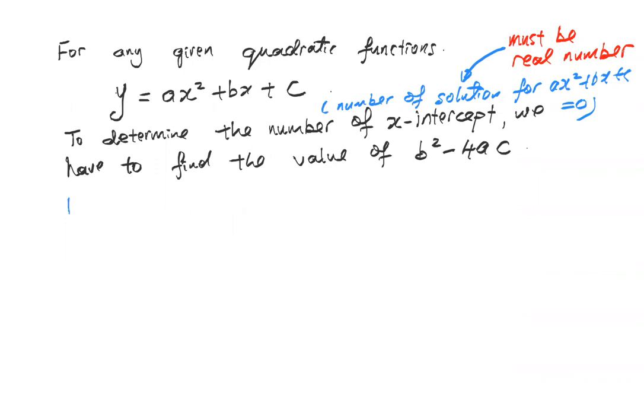So we have three situations. If b squared minus 4ac is less than 0, what does it imply? No real solution. Correct? So means 0 what? X-intercept.